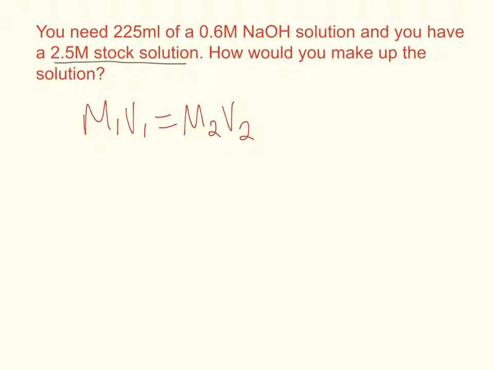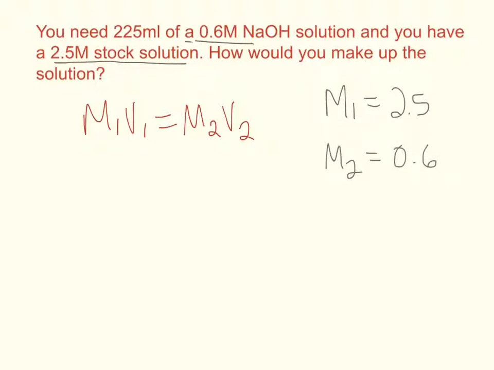Whether you're trying to find a stock solution or you're given a stock solution, it is always M1. So our initial molarity, M1, is given to us as 2.5. We have another molarity, M2. It says you need 225 milliliters of a 0.6 molar solution, so M2 is 0.6.